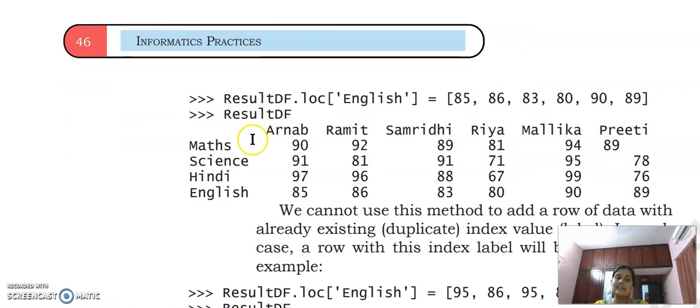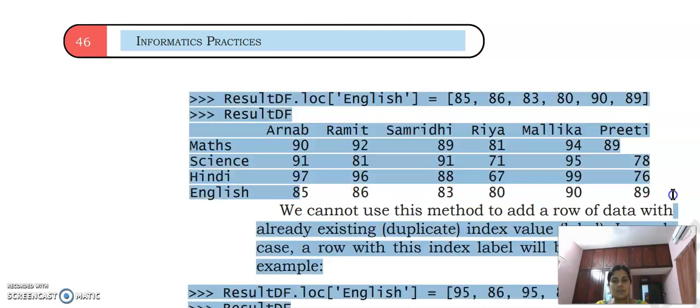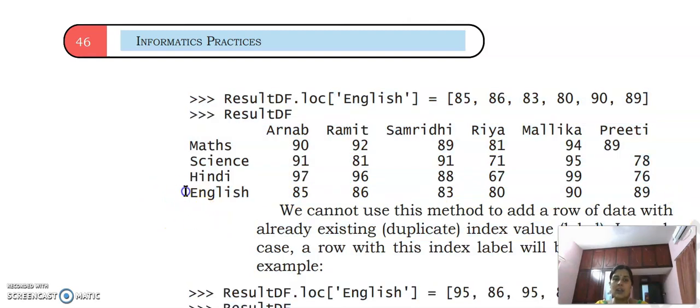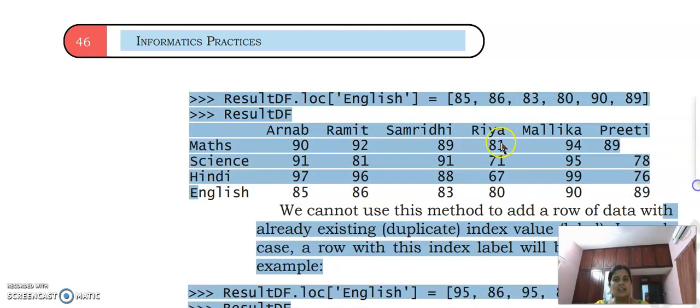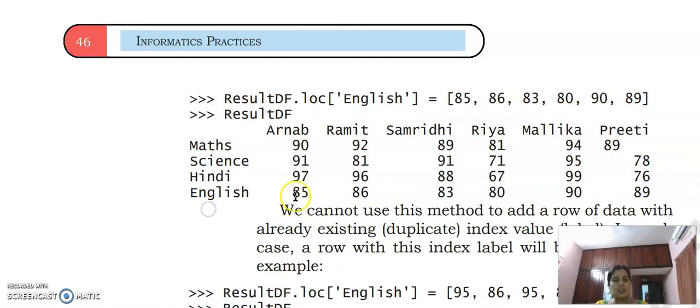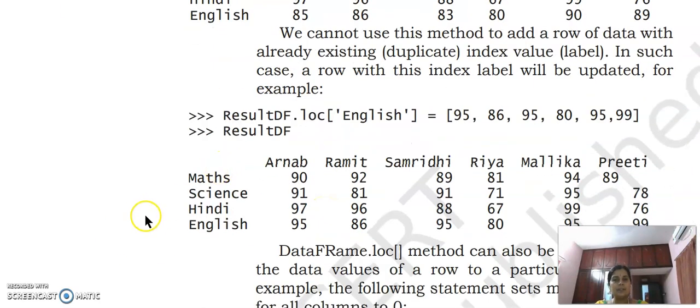Result df dot loc of English equal to 85, 86, 83, 90, 80, 90, 89. These values are substituted, and a new row English is created with these values. We can use this loc method to add a new row to the existing data frame.